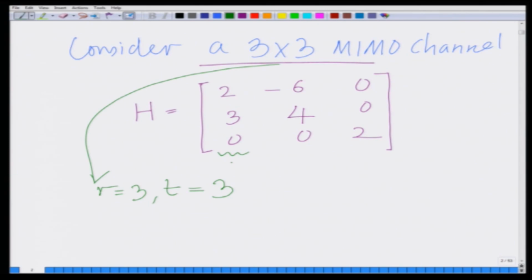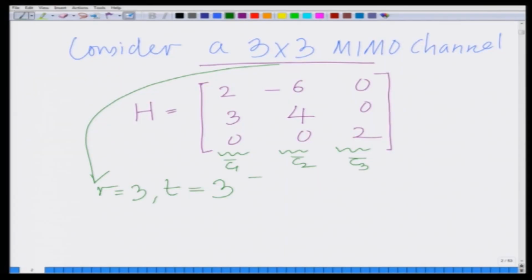Now, let us denote these columns by C1 bar, C2 bar, C3 bar. You can see that in this 3 cross 3 MIMO channel matrix, these 3 columns are orthogonal.